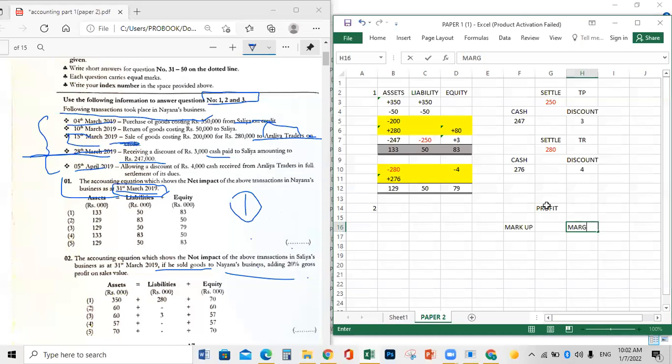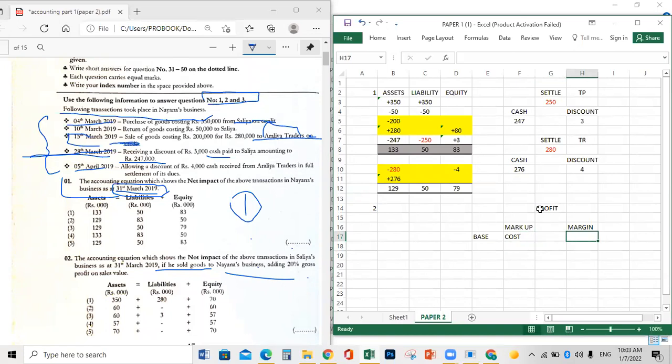But my question was, in order to determine profit, businesses can use two methods. You call them markup and margin. So always remember, if you choose markup, what is your base? Cost. What if it is margin? What is the base you take?